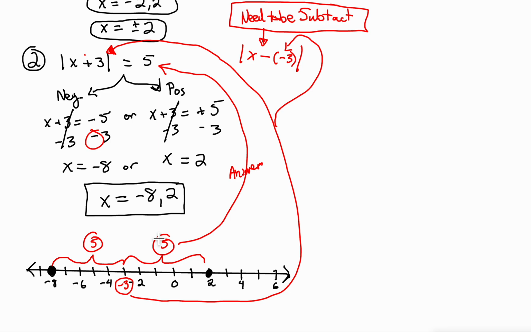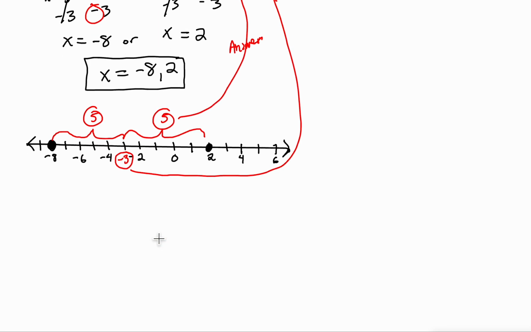So our next example will be the absolute value of 3x plus 9, minus 10, equals negative 4.